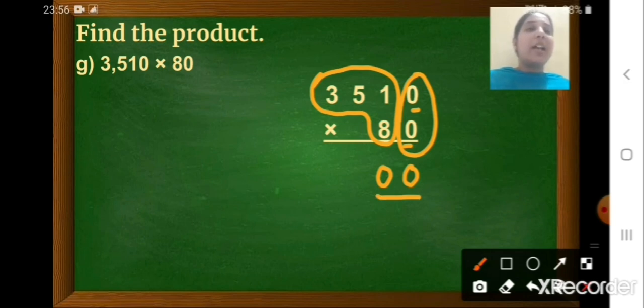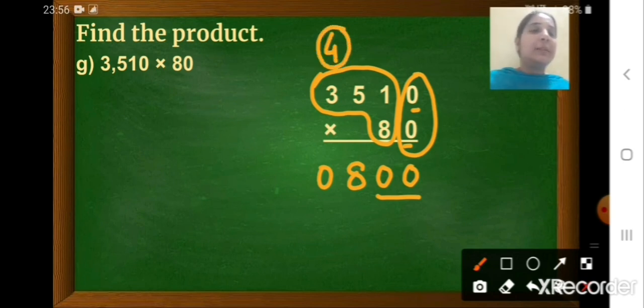Now we'll multiply: 1 8s are 8, 5 8s are 40. So 0 we will write here and 4 will be carried over to the next place. Now 3 8s are 24 plus 4, 28. So in this way we can find the product very easily.